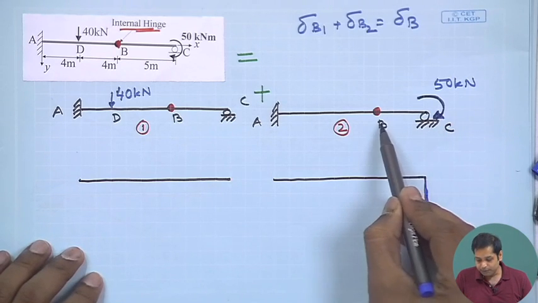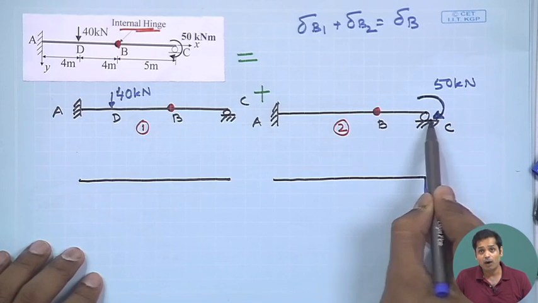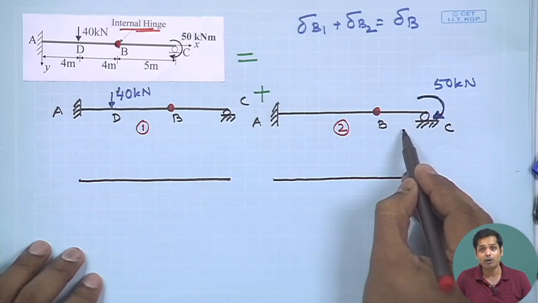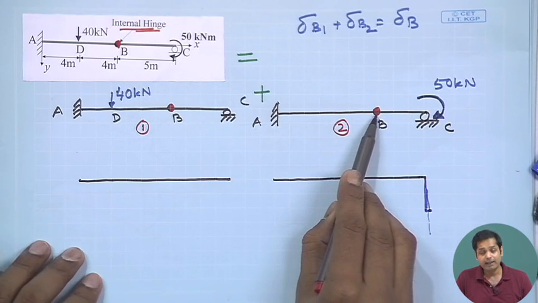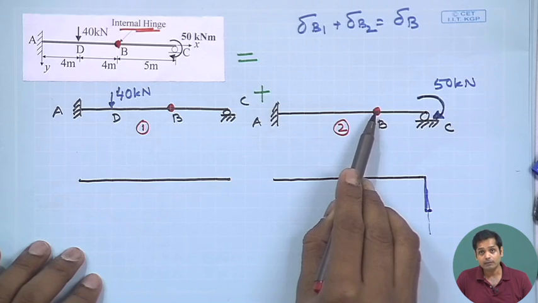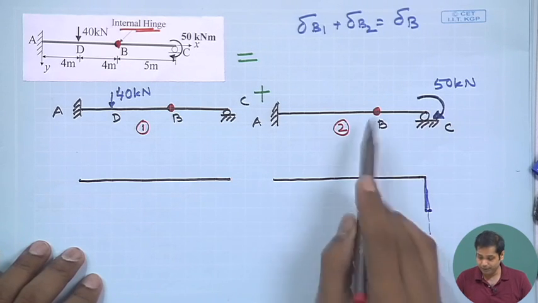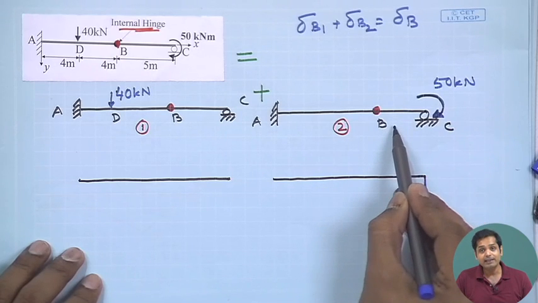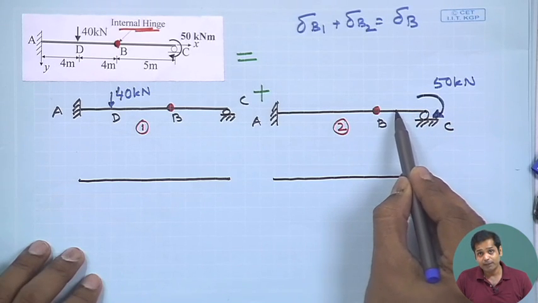Now, you see between B and C there is no other externally applied load. If we take any section here, we also know that the bending moment at B will be 0 because it is a hinge.